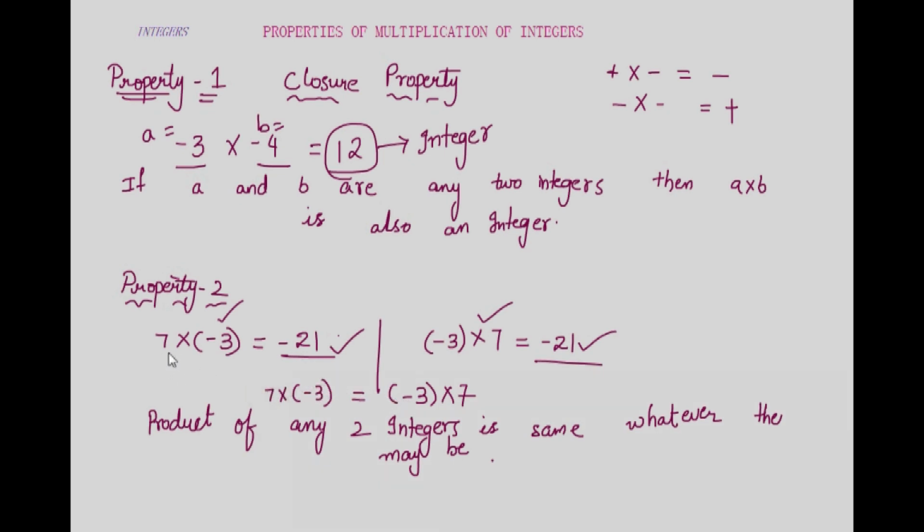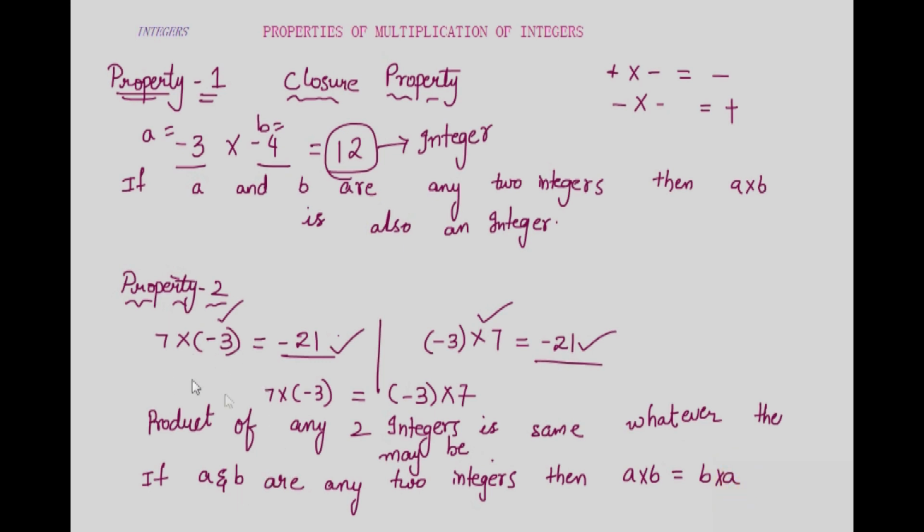Here we can see 7 into -3 is equal to -21, and -3 into 7 is also -21. So, if a and b are any two integers, then a into b is equal to b into a.